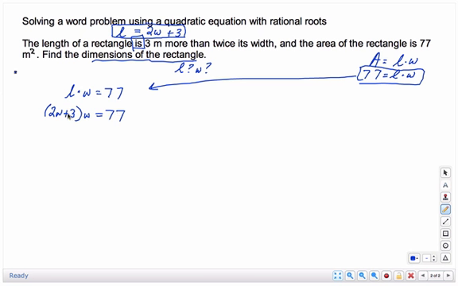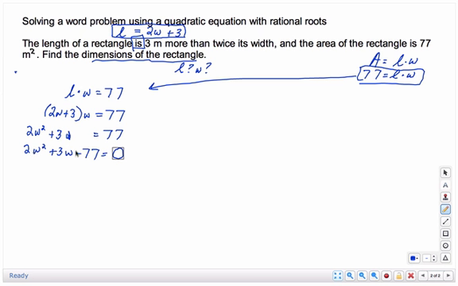Now we need to distribute this W into the parentheses, and that's going to give us 2W squared plus 3W equals 77. Now we have a quadratic equation, so we want to get the 77 over to the other side, so we subtract it from both sides. We don't have any like terms, so we just rewrite that as 2W squared plus 3W minus 77. Now we need to factor this.